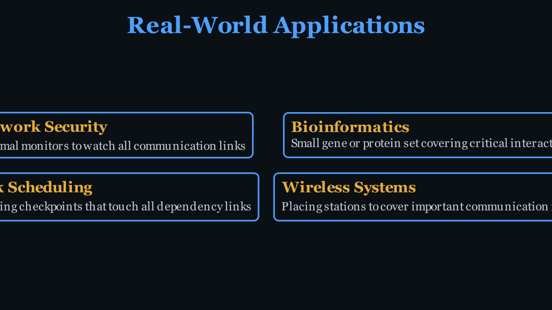In scheduling and dependency analysis, it helps identify small checkpoints that intersect all key constraints. And in wireless or infrastructure planning, it provides a first approximation for where limited resources should be placed. The abstraction is mathematical, but the motivation is often deeply practical.